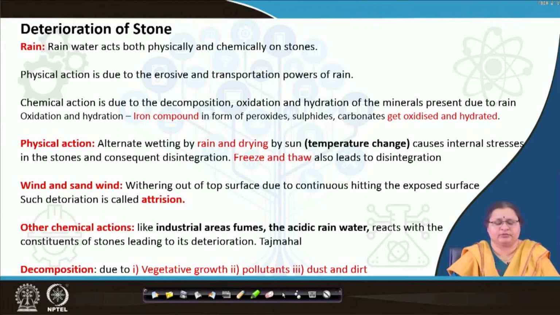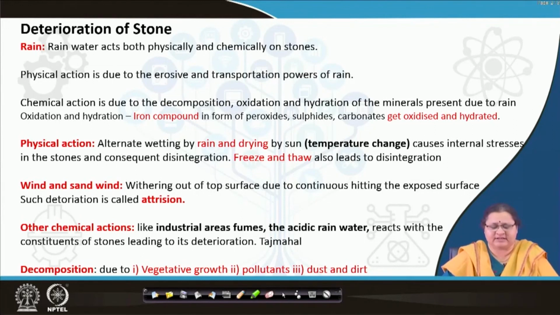So, here if I read out the points, rainwater has both physical and chemical action on stones. Physical means it erodes the top layer, transports the top layer, so it may wash out, very gradual, but it can keep on happening with time.